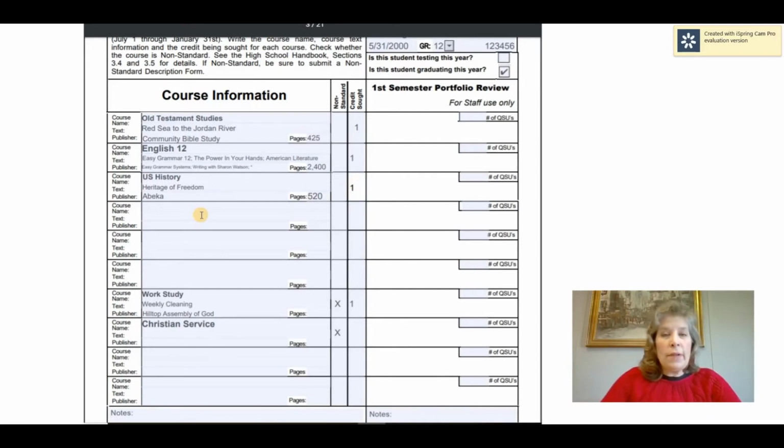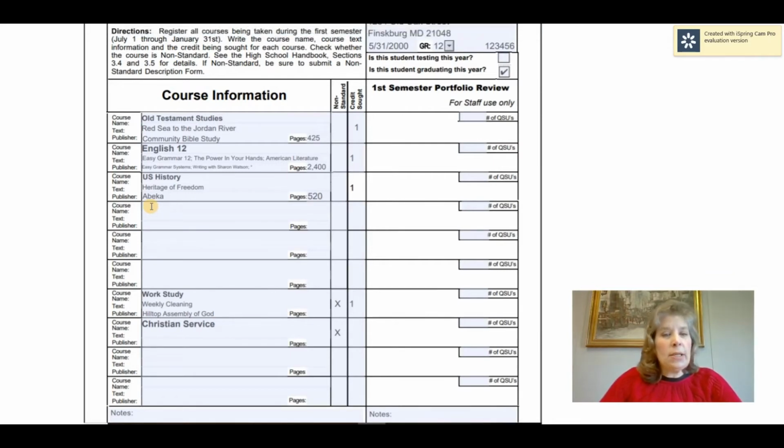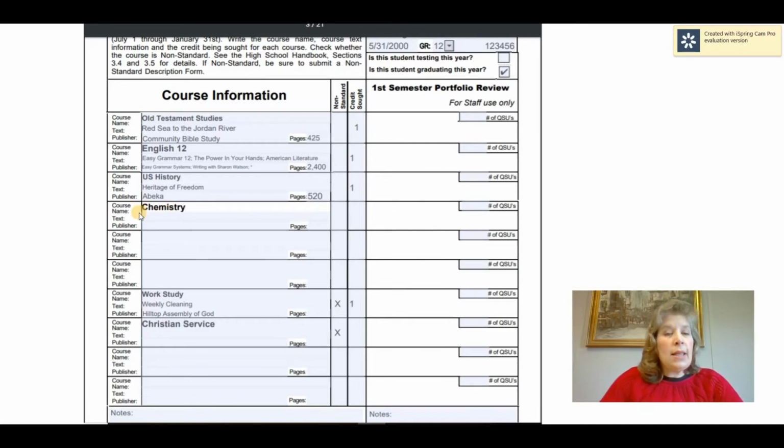So far, all of these are standard textbooks and standard courses because we have used either standard textbooks or things approved already by WCFS. The next course that we are taking this year is a high school science course, and that would be chemistry.